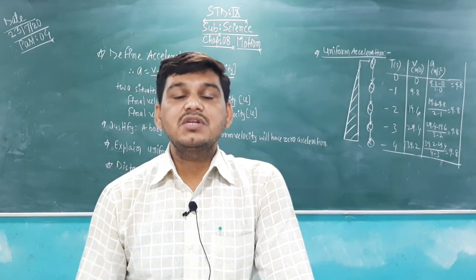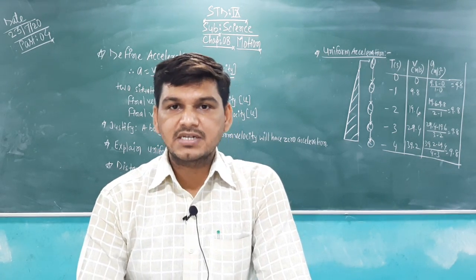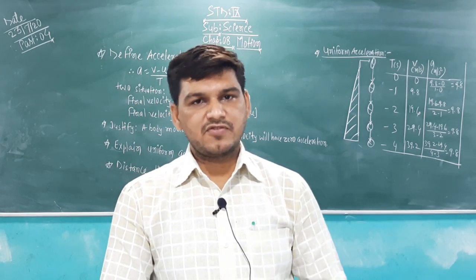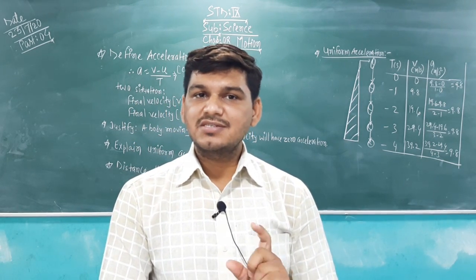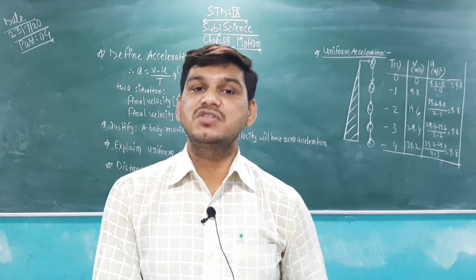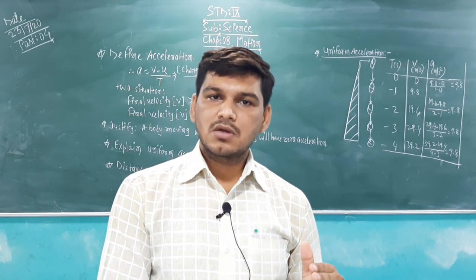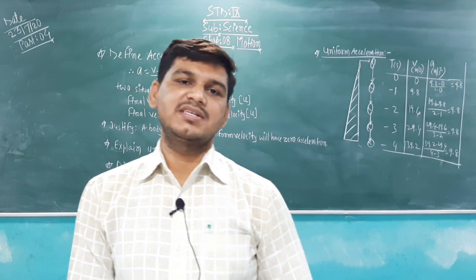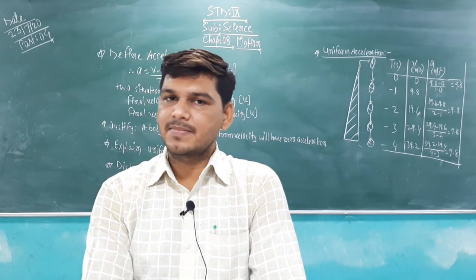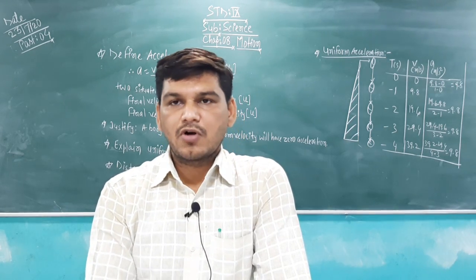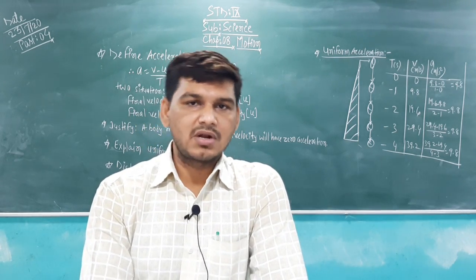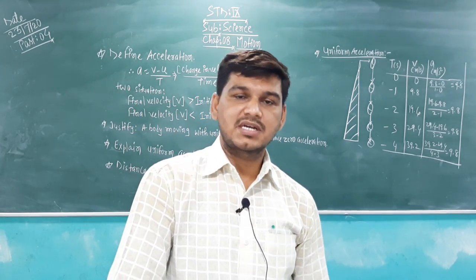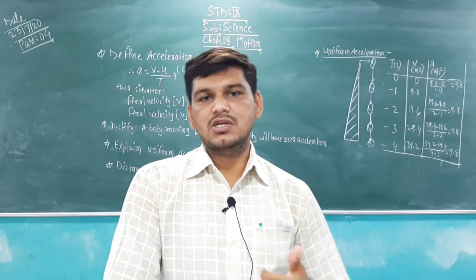Rate of change in the velocity of an object. If an object is in a form of motion and there is a change in its velocity, that is called acceleration. In simple form, if we say it, change in velocity of an object that is in motion is called acceleration. So if the velocity of an object in motion changes, what will you call it?